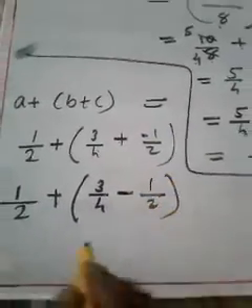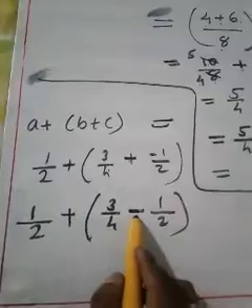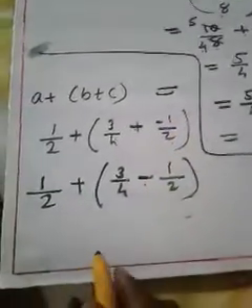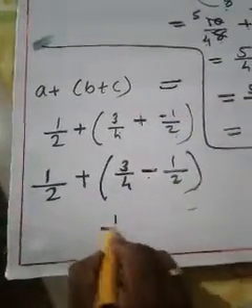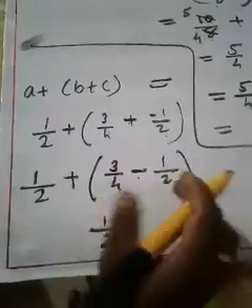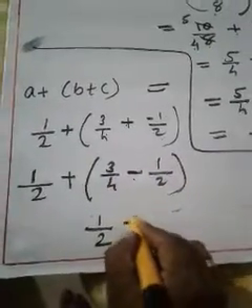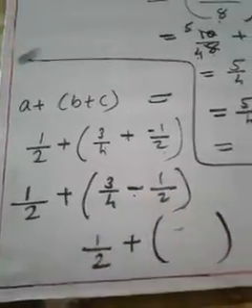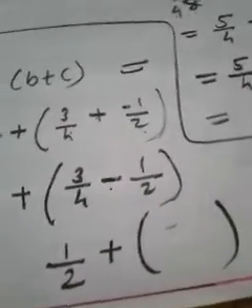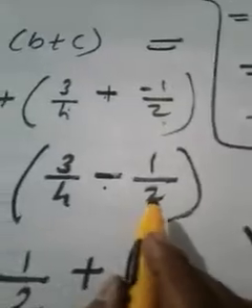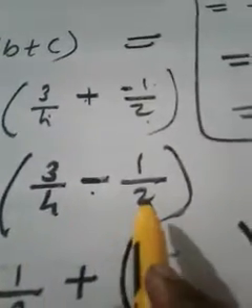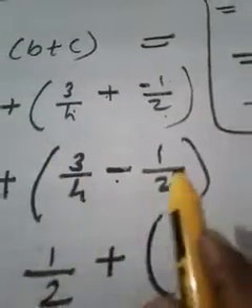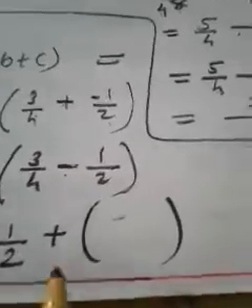Plus minus will be minus, then 1 by 2 as it is. Now 1 by 2 I write as it is, because I have to give preference to the things inside the bracket. Plus, now I have to solve it. How can I solve it? It's a fraction. Here the denominator is 4, here the denominator is 2. If you want, you can cross multiply. Otherwise, make the denominator the same.